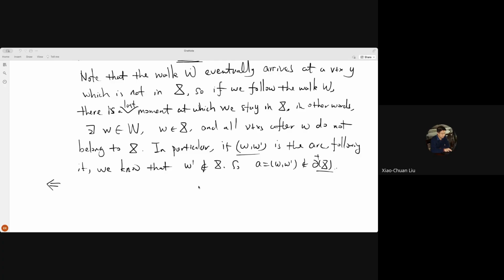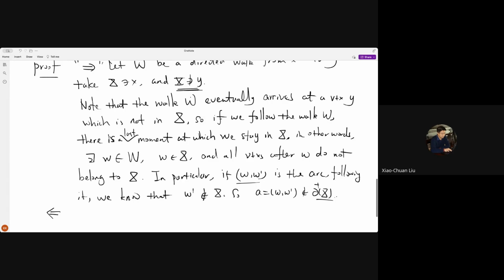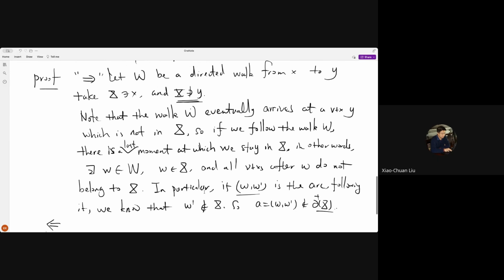I think it's easier to describe and wave hands to explain the situation, but when you actually write down the arguments, it's another story. Okay, so you follow this walk, and there is one point, one vertex, after which it must leave the set x. This moment exists because at point y, you are outside of the set x.